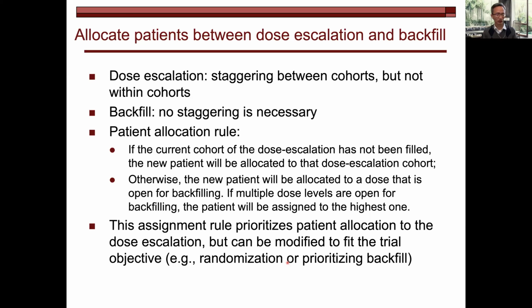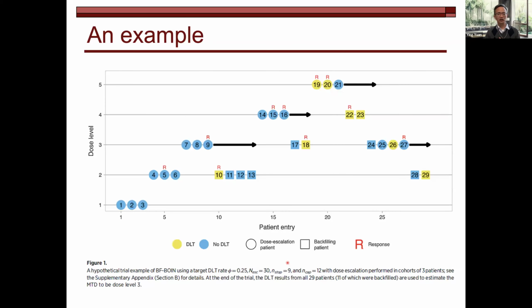But again, it's one possible rule. If you want to randomize between those two processes, or in many cases you have multiple doses eligible for backfill that satisfy both safety and activity requirements, you can also randomize the patient into multiple backfill doses or a dose escalation dose. So that can be adjusted based on your trial objective.